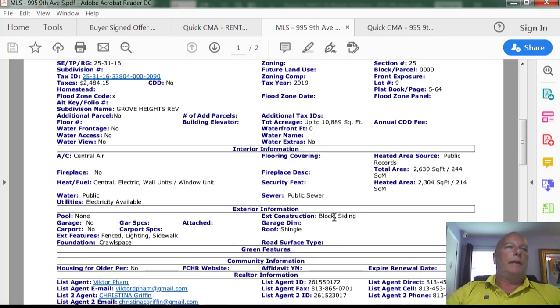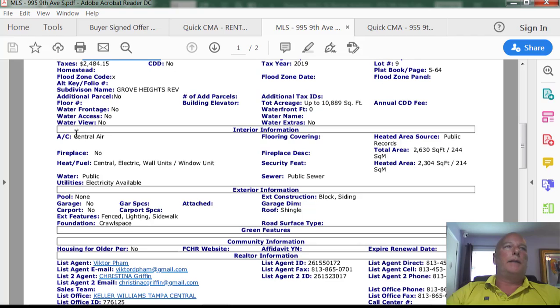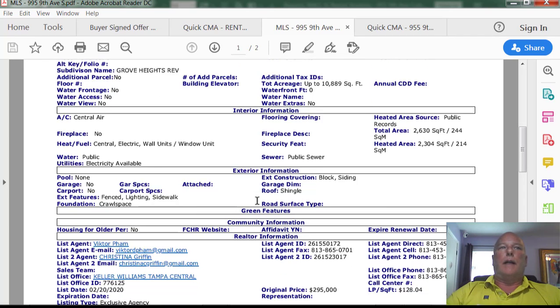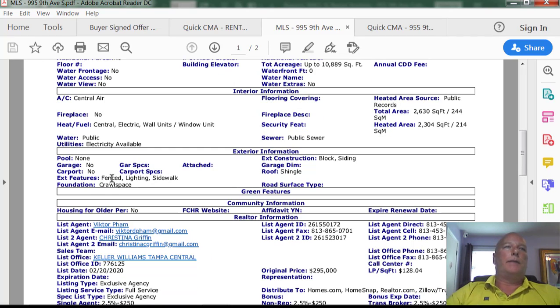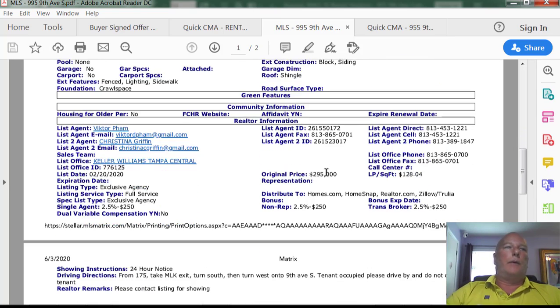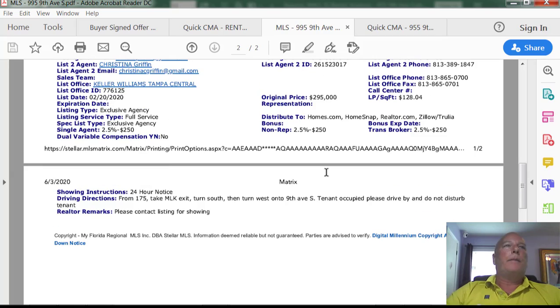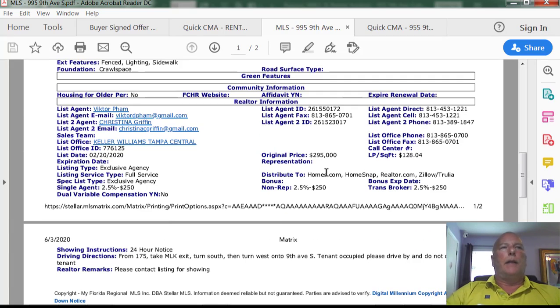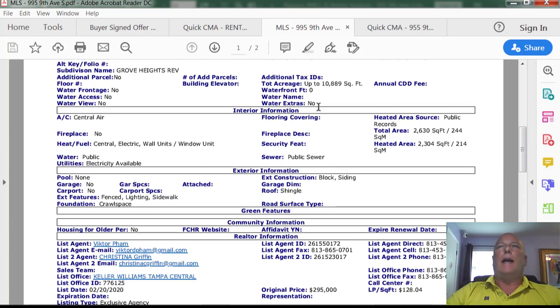I'll show you some other details in here, but it kind of gives you a little bit central air, that kind of stuff. For those of you that are familiar, it's fenced, there's lighting in the sidewalk, all that stuff. So then, of course, agent details and stuff. So there's also on the MLS sheet that I can see that I can't send to you.